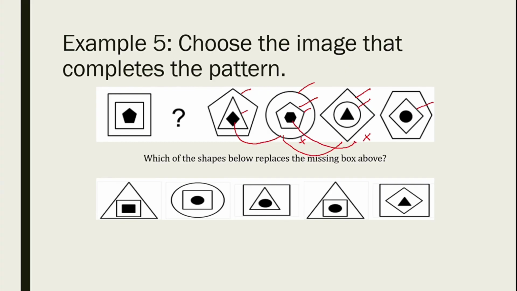So therefore, the inner pentagon in the first frame appeared as the external shape in the third frame. If we're going to look at the third frame, this one, the pentagon, appeared as the external shape in the third frame.